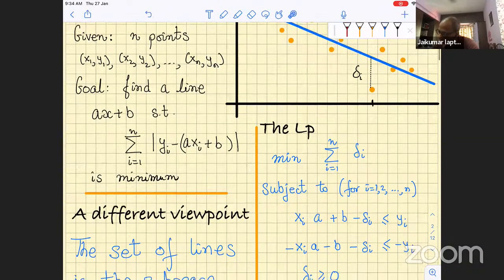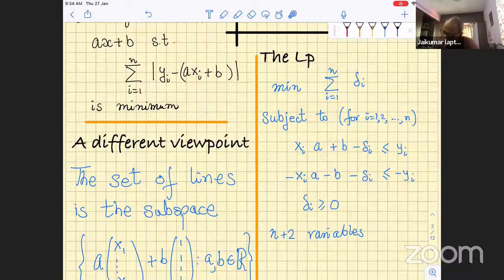And the LP for this, just going a little fast because we know what to do. So we need to make sure that this delta i upper bounds this absolute value. So there are two inequalities we need to write. So I have rearranged those inequalities so that this delta i appears on the left. So perhaps the more natural thing to write would have been this minus yi is less than delta i, and yi minus this is less than delta i.